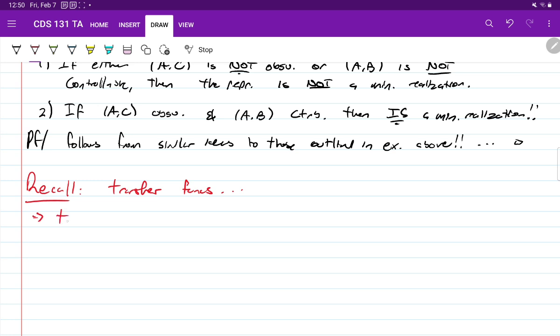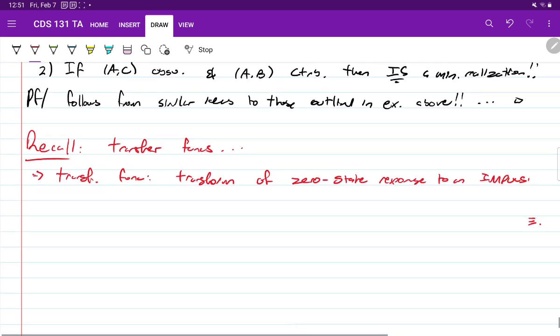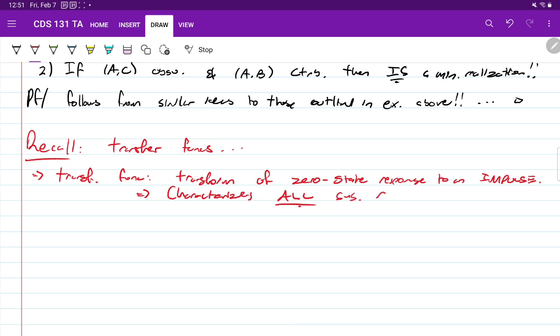So remember, the transfer function is the transform of the zero state response to an impulse. Okay? And what we found is that it characterizes all system responses, right, to any input out there.